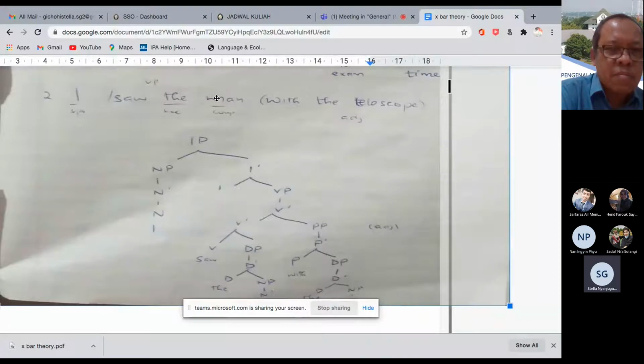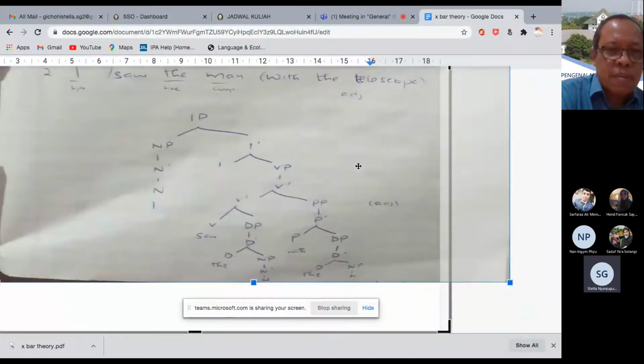Man is now the complement here because it has to tell us what I saw. The adjunct here is a prepositional phrase, so it's not necessary, but optional. We can simply say I saw the man. So with the telescope is an adjunct. Now it comes to the drawing.